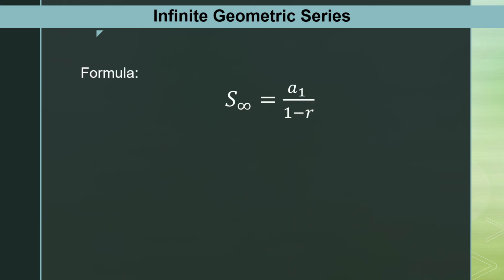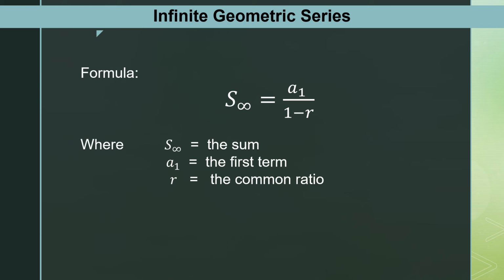Ngayon, tingnan natin ang formula sa pagkuha ng infinite geometric series. Ang formulang ginagamit natin ay S sub infinity is equal to A sub 1 all over 1 minus R, kung saan ang S sub infinity natin ay ang sum ng ating series, ang A sub 1 natin ang first term, at ang R natin ay ang ating common ratio.